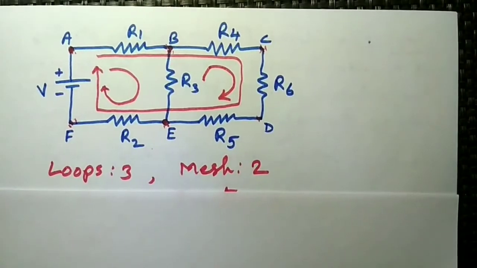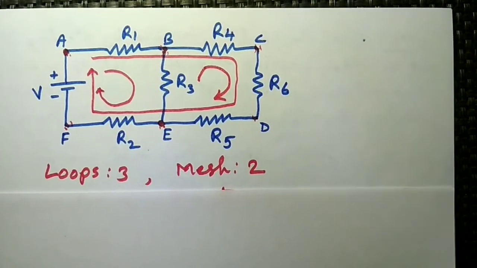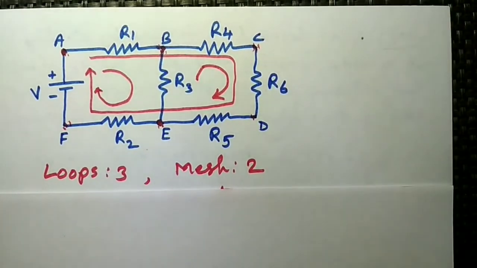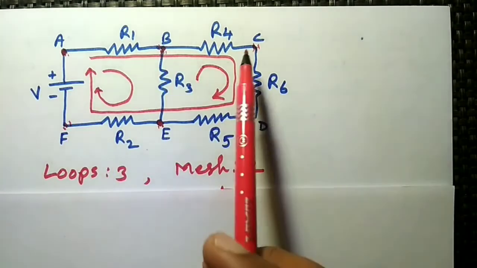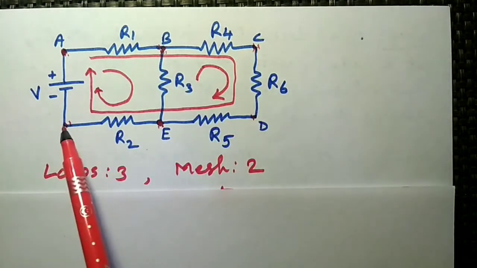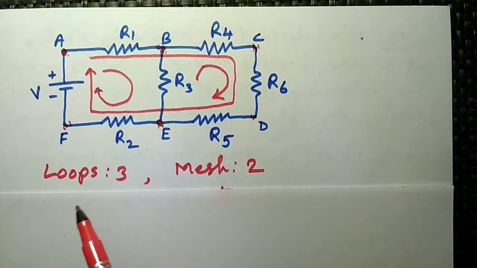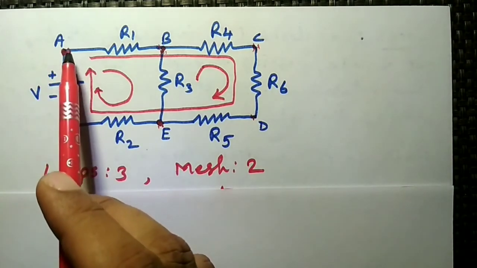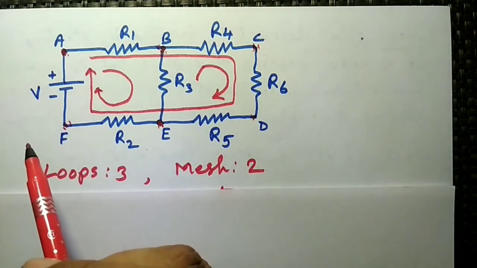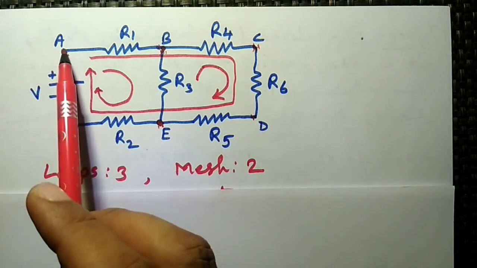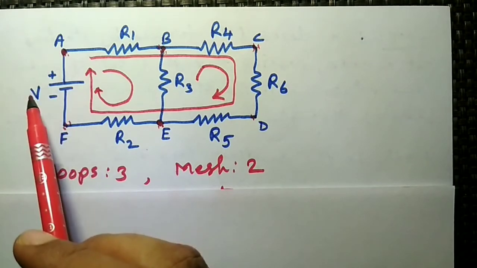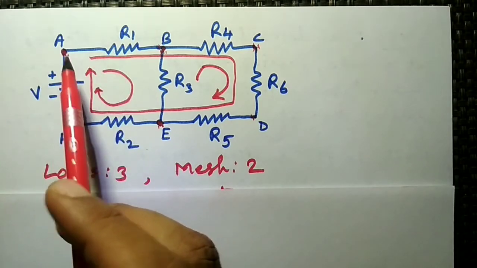Next, the number of junctions and the number of nodes. In this circuit we have a total of 6 nodes, that is A, B, C, D, E and F, because a node is the point where 2 or more elements are joined together. At point A, the voltage source and R1 are connected.